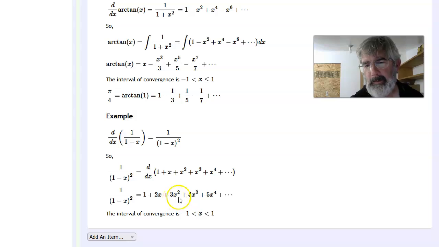If you just multiply the 3x squared by x, you would get 3x cubed, but you have 4x cubed. And it's not even like, oh, I just multiplied by 4/3. Well, if you multiply 4 by 4/3, you don't get 5, right? You had to multiply by 5/4. So you're multiplying by a different thing each time. This is not a geometric series anymore, but yet it's close enough to a geometric series that it still converges in that same -1 to 1 range.